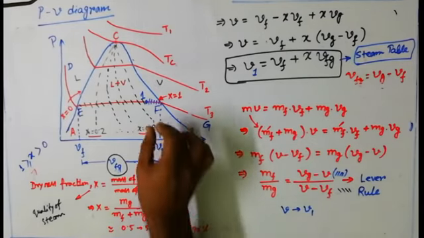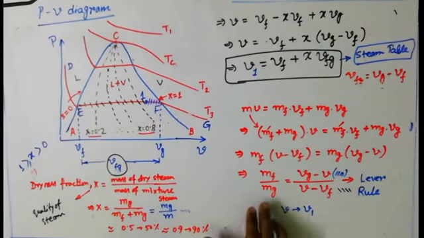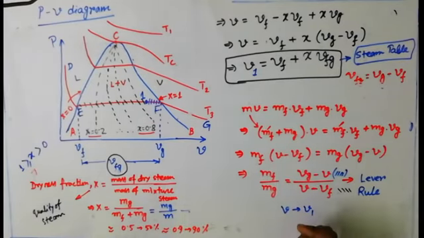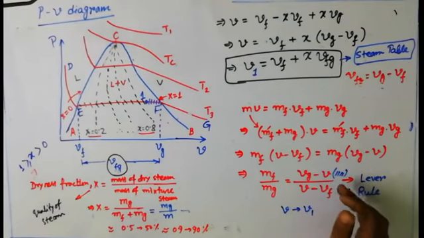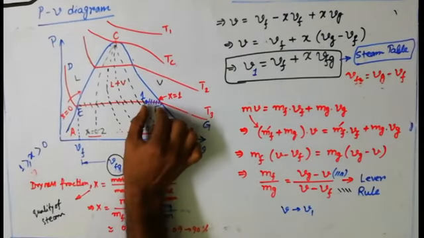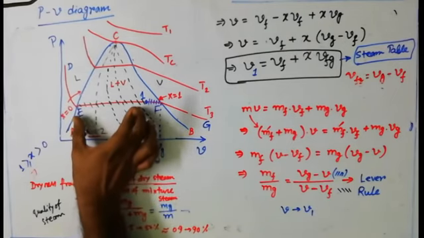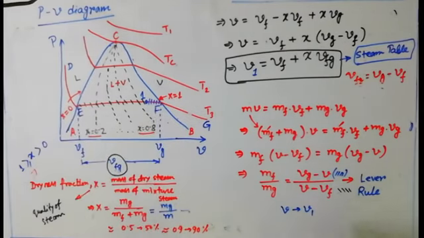You can see the distance while you are considering mf by mg, that means the mass of liquid to the mass of vapor, making the same ratio with Vg minus V to V minus Vf. So Vg minus V is this part of volume, and V minus Vf is that part of volume. So that actually looks like that lever principle.